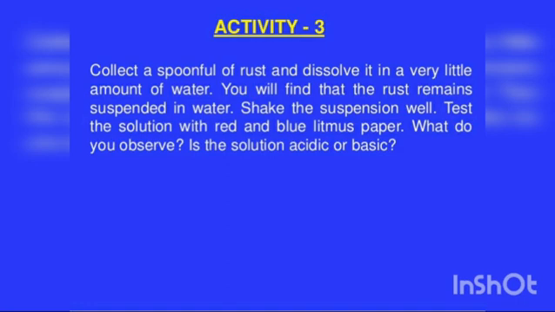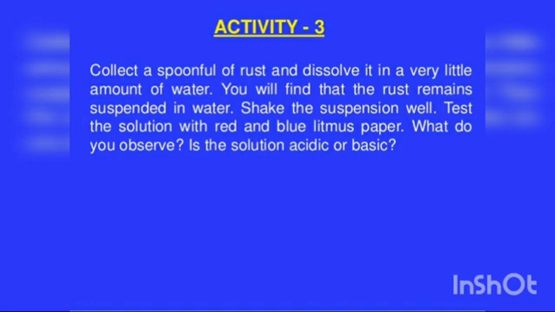Shake the suspension well. Test the solution with red and blue litmus paper. So what do you observe? Whether the solution will be acidic or basic.